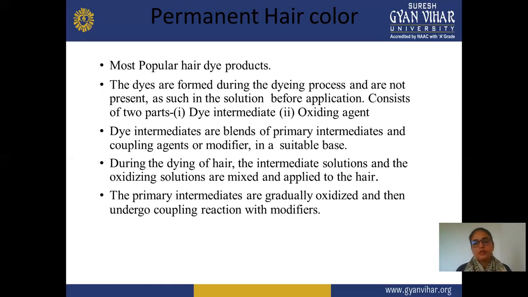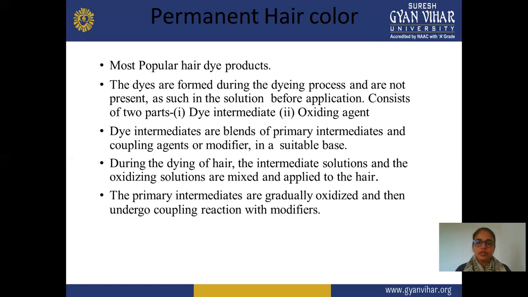Next, in this dye, intermediates are a blend of primary intermediates and coupling agents or modifiers in a suitable case. Means the first solution of a permanent dye, the dye intermediate, is a blend of primary intermediates and coupling agent or modifier. In this, all ingredients are present, maybe a modifier or coupling agent or any other chemicals.